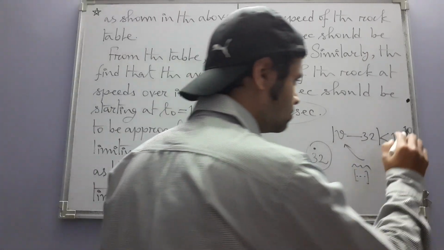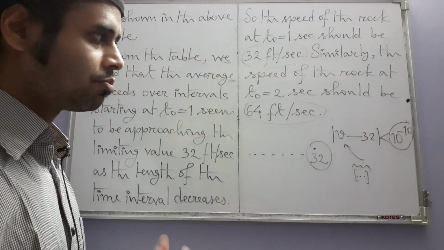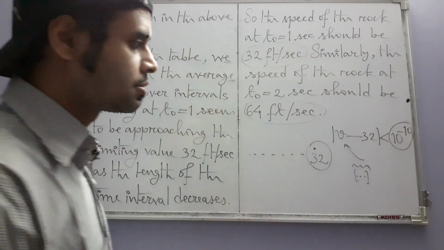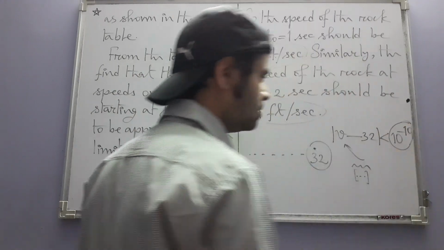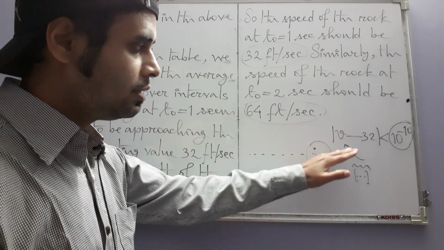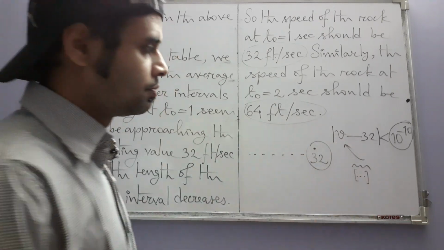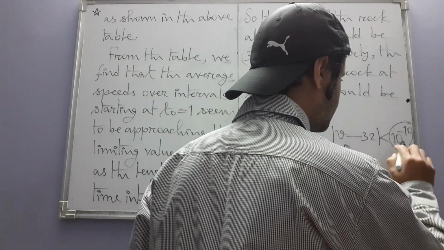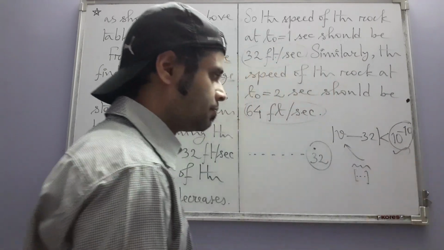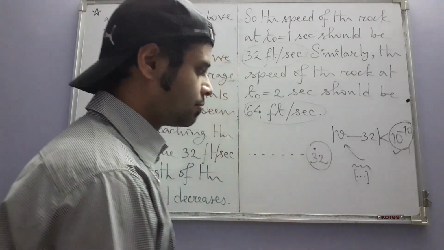Now these values are like challenges which someone gives us, and we have to answer each of these challenges with one such interval. If we fail to answer even one challenge, then we cannot say that those values are approaching 32.